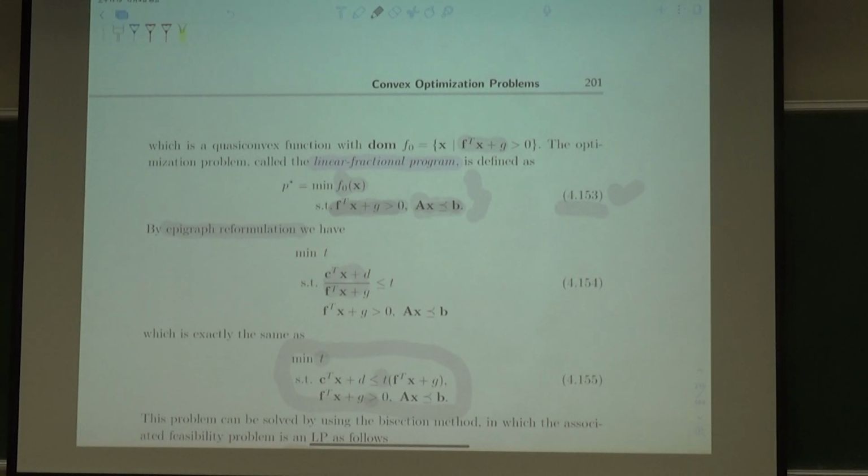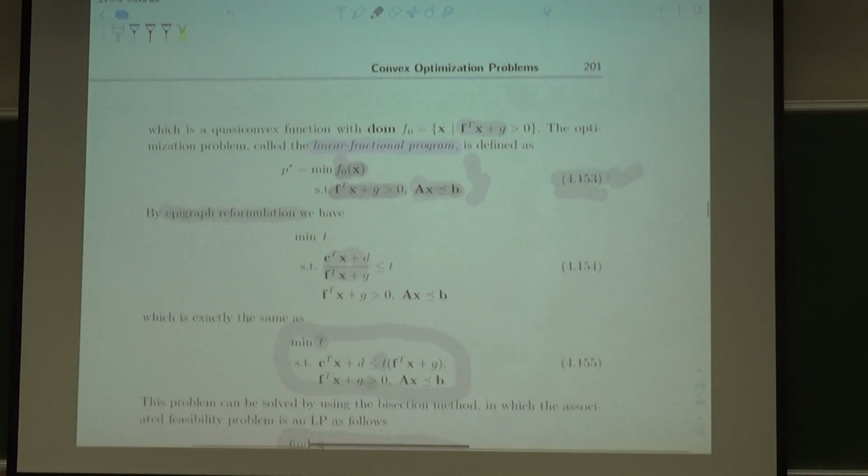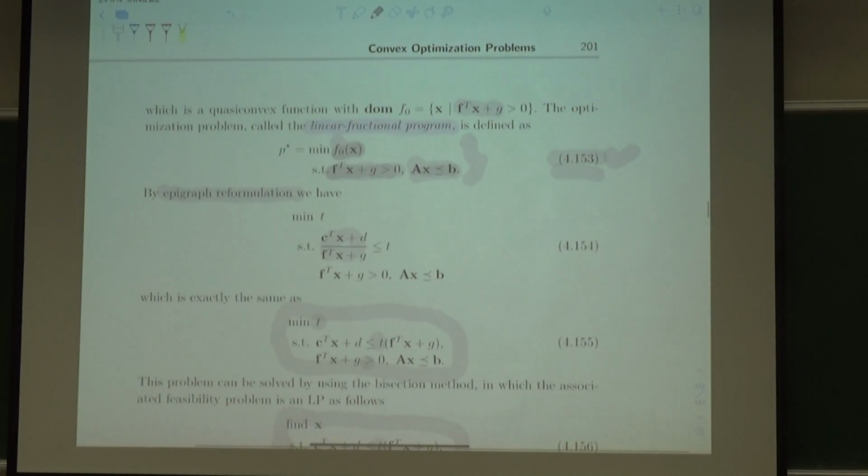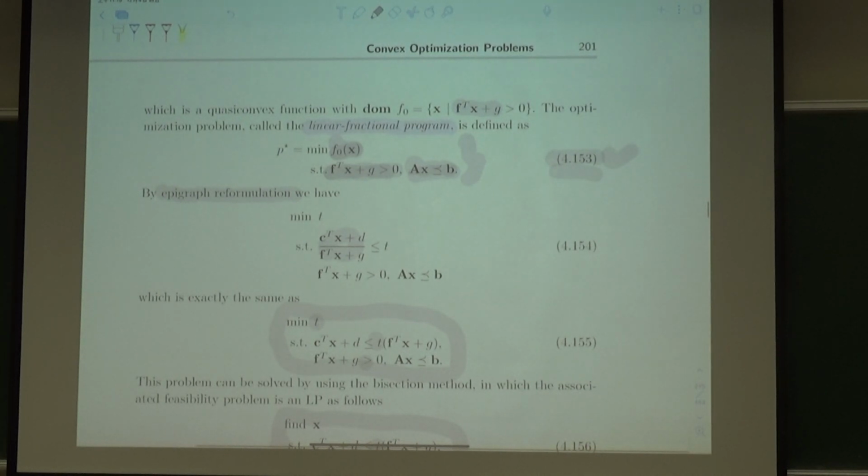Why don't you move forward to reformulate these problems into a convex problem? Sometimes this is doable. For a quasi-convex problem, definitely I can get a numerical solution within some accuracy.